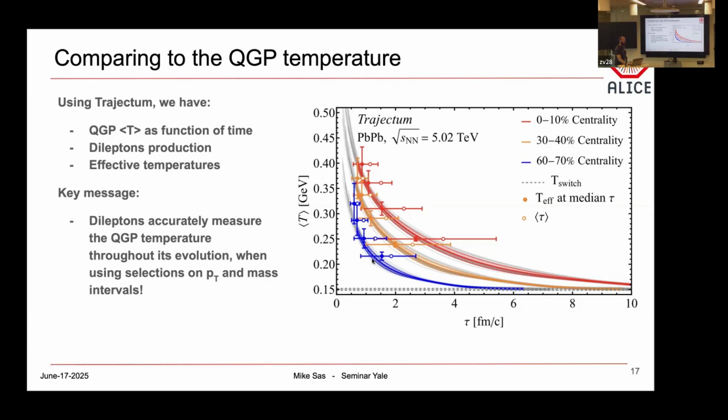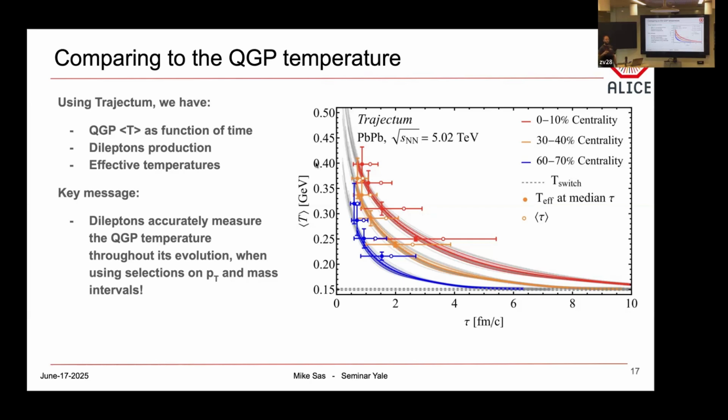The filled points are on the lines of the model. What this means is that we can perform these dilepton measurements, we know from the model when they were emitted, we have the temperature, and then we can ask the model, what was your temperature at the time when I thought you were emitted? And it's the same temperature. So now the circle is round.